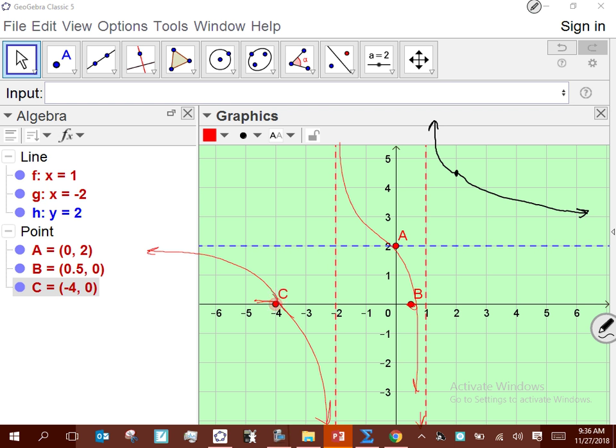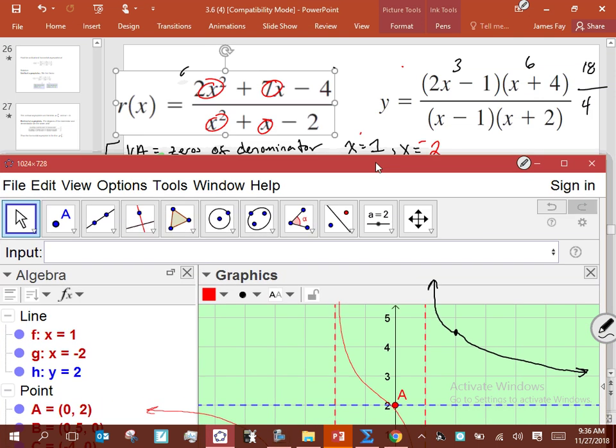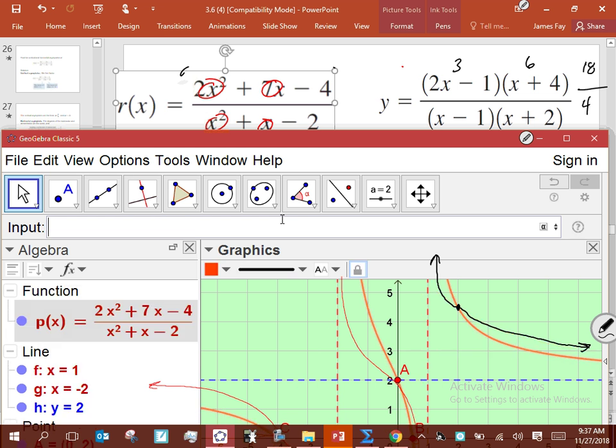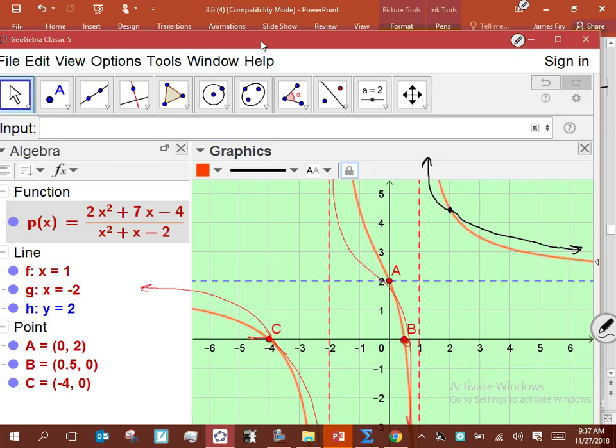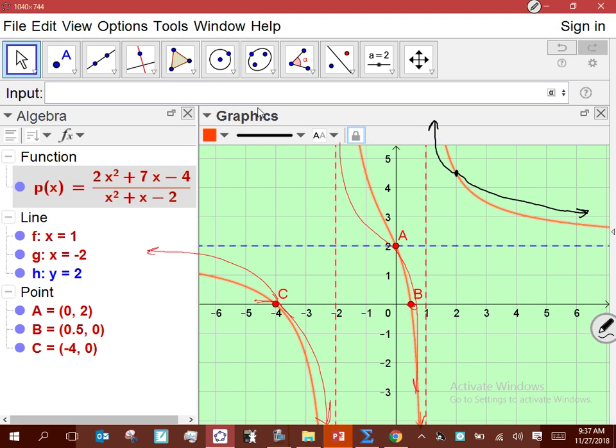Okay. Now, on top, this is what I always like to do. On top of this, I've done it by hand. We'll come back and we'll type in the actual function, 2x squared plus 7x minus 4 divided by x squared plus x minus 2. And you can kind of see that we've shown that behavior, right?